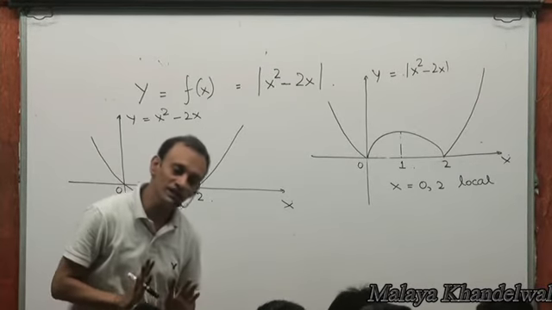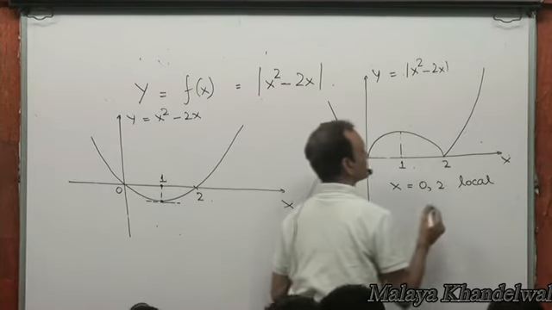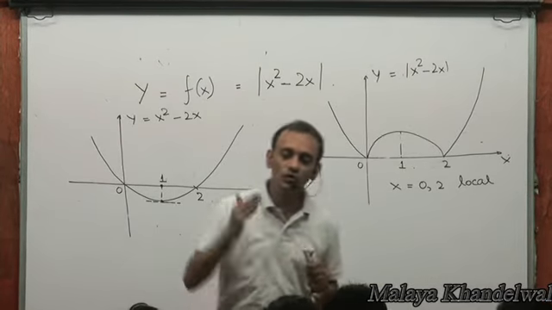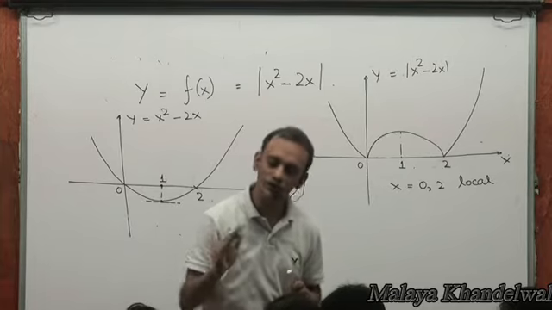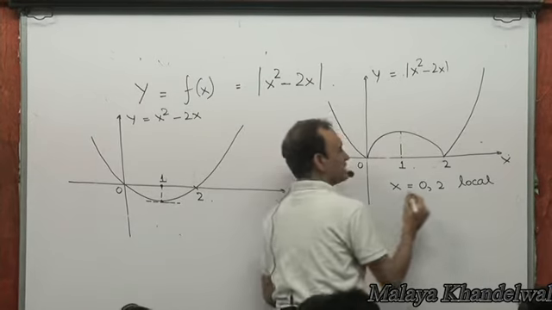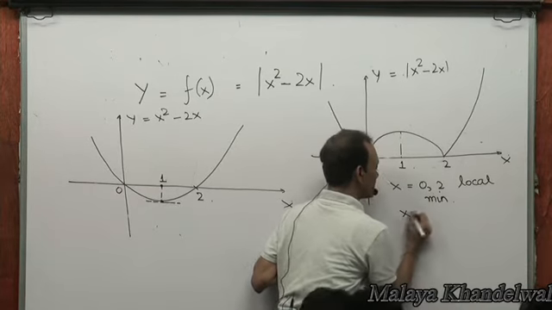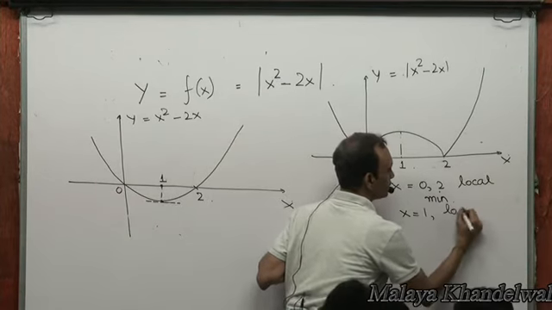If I say monotonically increasing, there is no loss of generality here. And at a given point, we don't say strictly or monotonically, we simply say it's increasing, right? At x equal to 0, 2, it has a local minimum, whereas at x equal to 1, this has a local maximum.